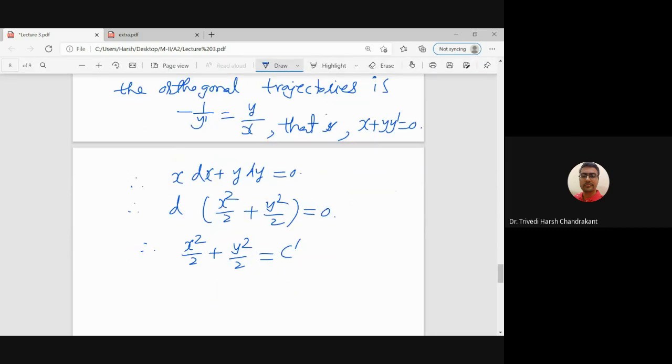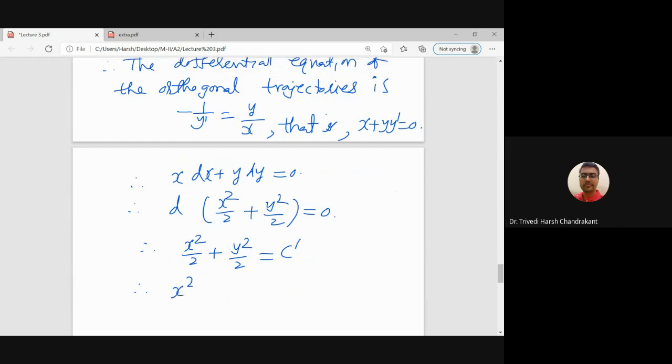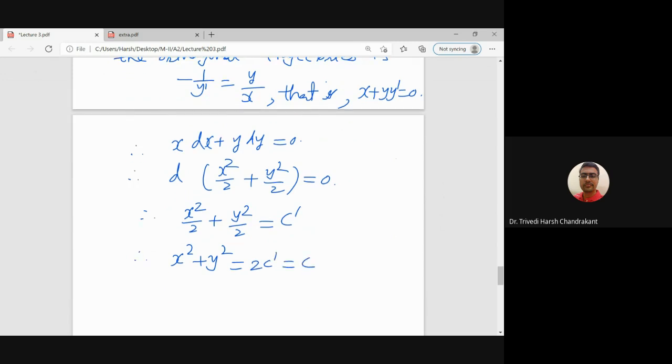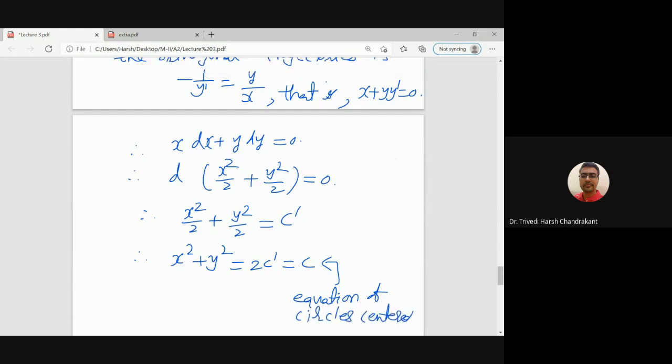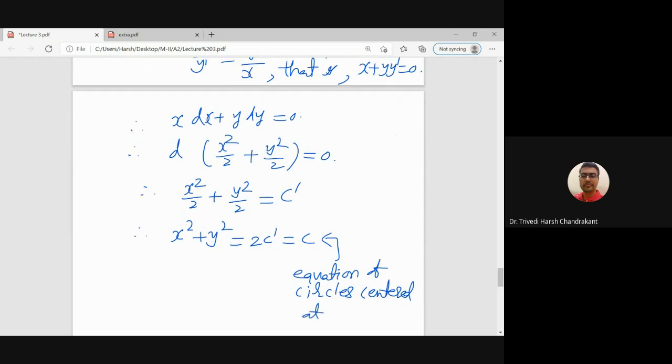We can rewrite this in a better form by multiplying by 2 on the right, so 2c dash we can call c. So this is nothing but the equation of circles centered at the origin.